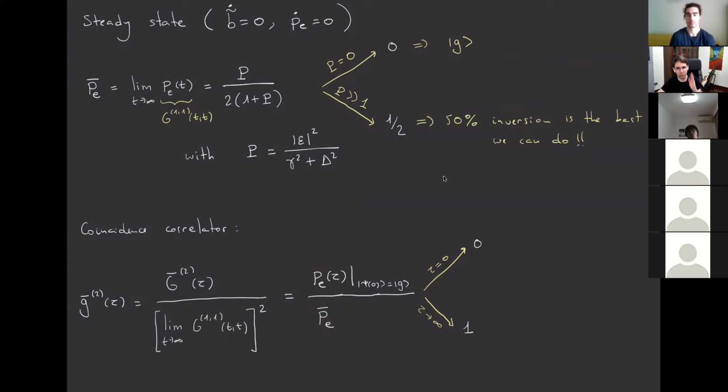So you see that this is very interesting because you go from a situation in which at time equals 0, you have 0, to a situation in which at time infinity, you have G equal 1. So essentially this is telling you that you have 0 probability of having simultaneous clicks.